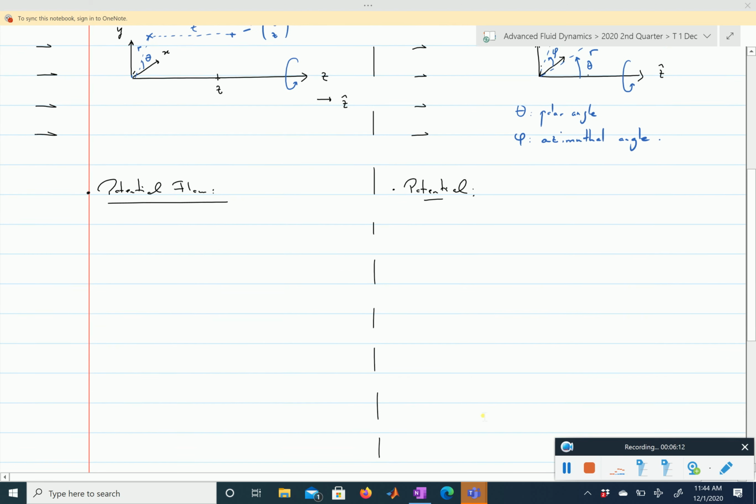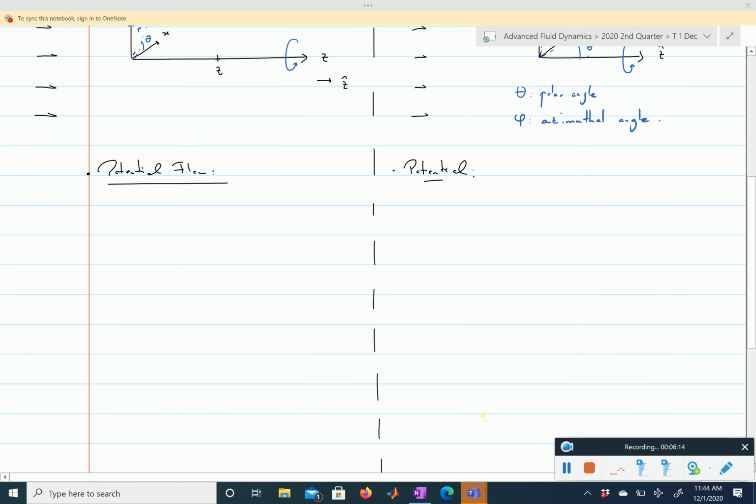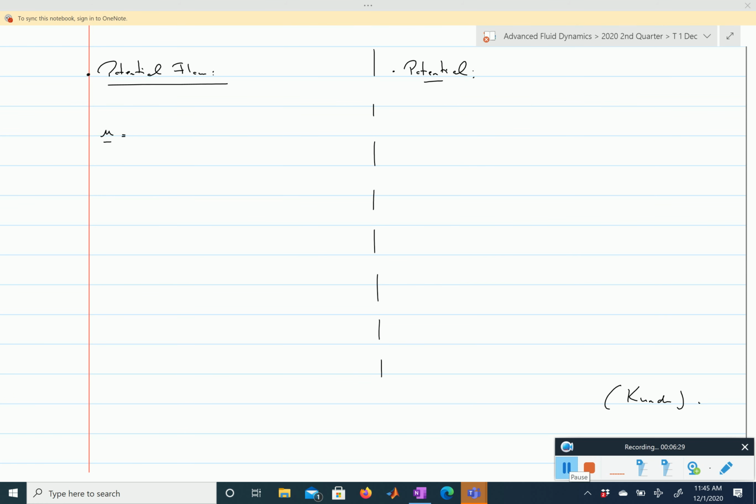Remember, all the formulas we have to take either in cylindrical coordinates or in spherical coordinates. I'm going to remind you just real quick what these are. So for the potential flow, how do we get to the velocity? Well, the velocity field u derives from a potential. Therefore, we can write that the vector u is equal to the gradient of a potential function.